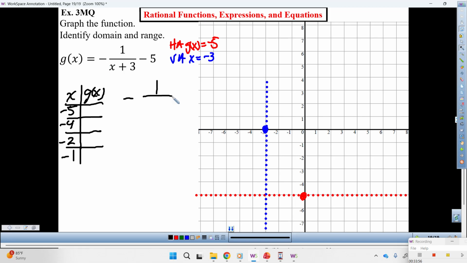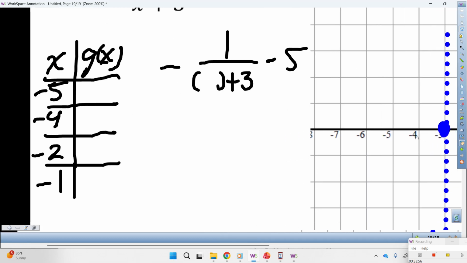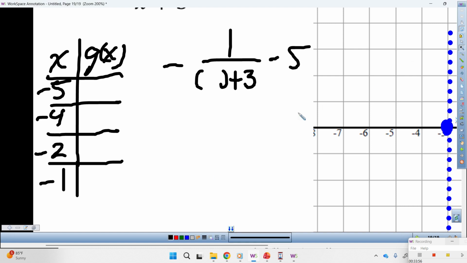Negative, and then we got 1 over parentheses plus 3 minus 5. Let me zoom in. Here it goes. So, if I substitute negative 5 in here, so that leaves us with negative 5 plus 3, that's negative 2, is that correct? Times the negative, it becomes a what? Positive 1/2.